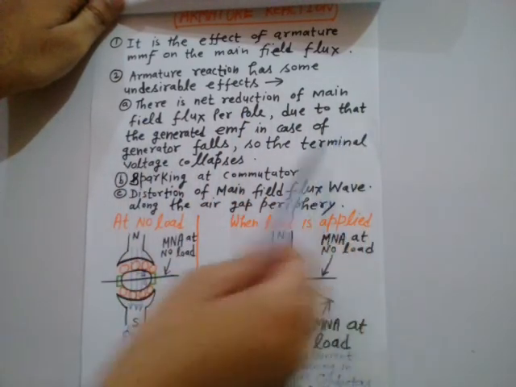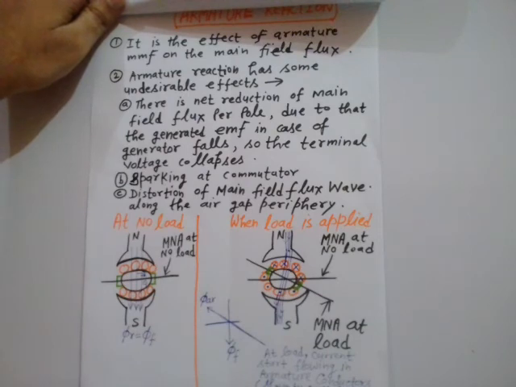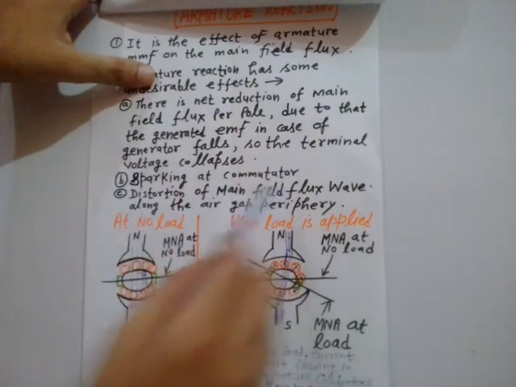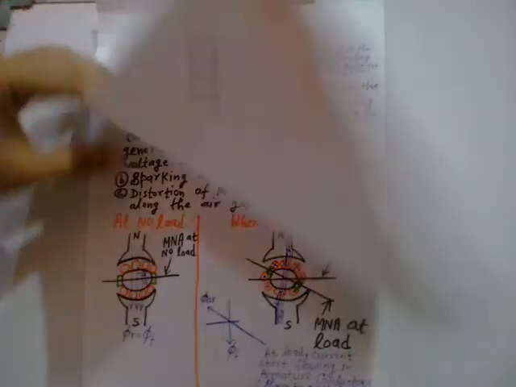Due to that, the generated EMF in case of generator falls. Second is sparking in the commutator, and third is distortion of the main field flux wave along the air gap periphery. So due to this armature reaction, the net main field flux wave gets distorted. That is the third undesirable effect of armature reaction, right?